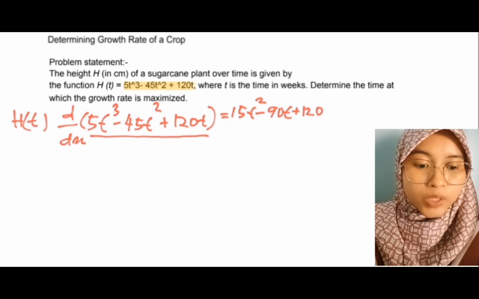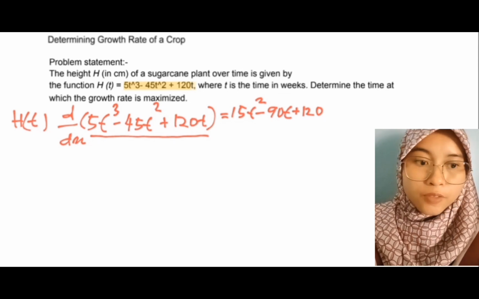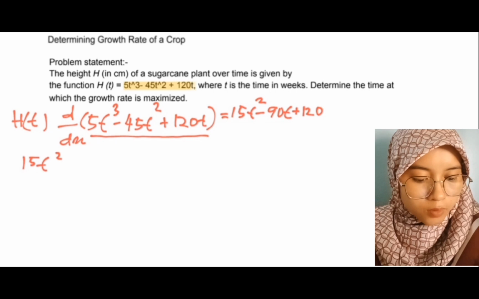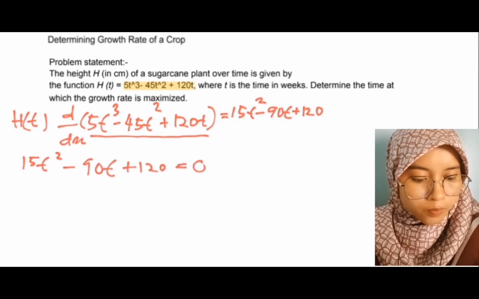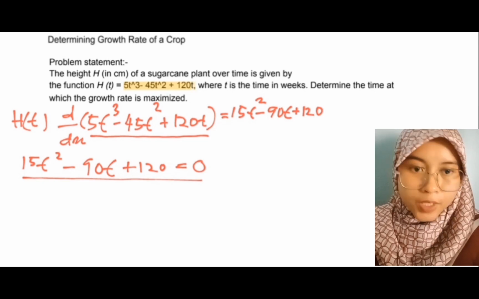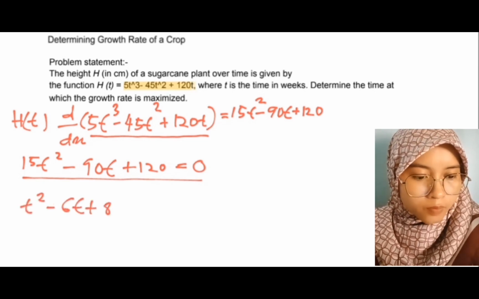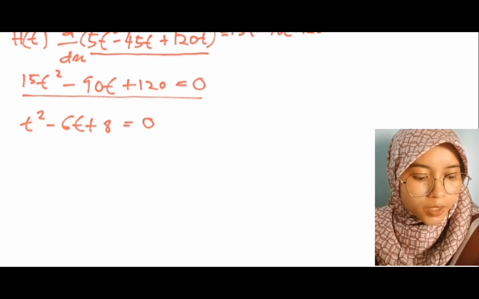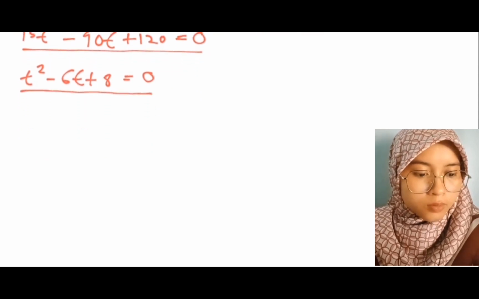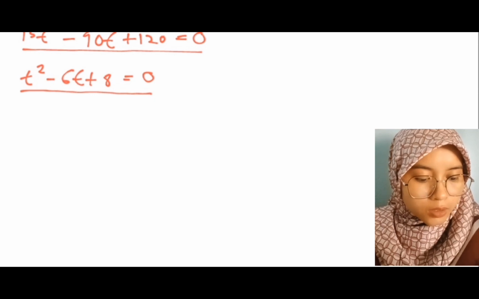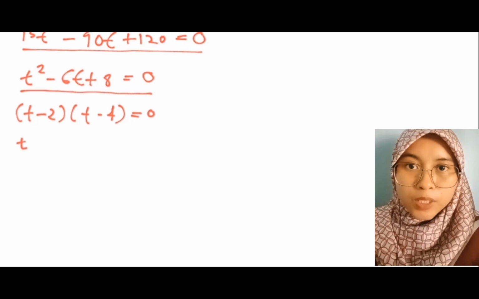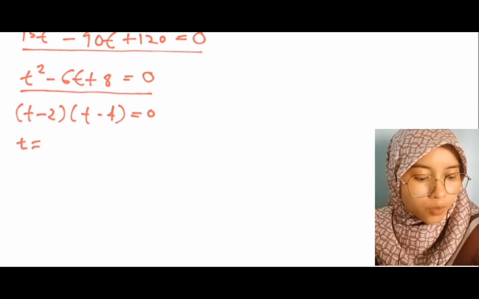Next, step number 2, we need to set the first derivative to 0 to find critical points. Then we need to divide this by 50. Next we need to factorize this. The answer is (t minus 2)(t minus 4).